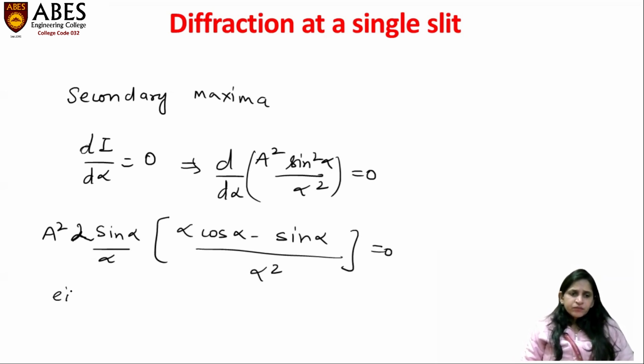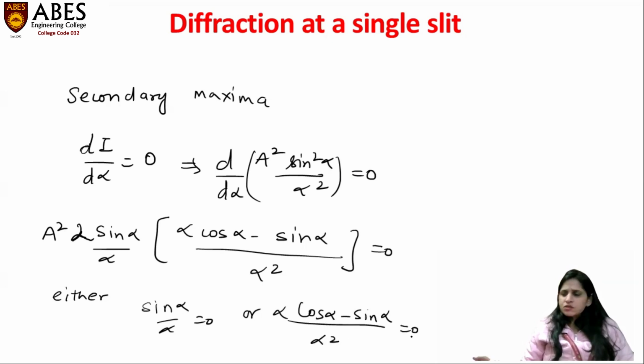Now from here we can easily see that either sine alpha over alpha is equal to 0, or the second term, alpha cos alpha minus sine alpha upon alpha square, is equal to 0.